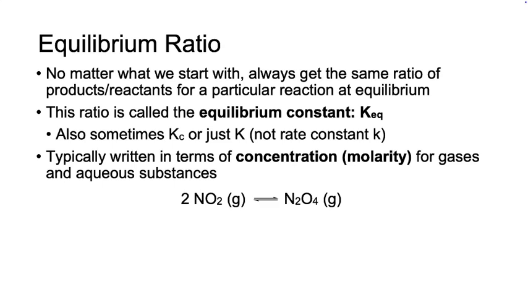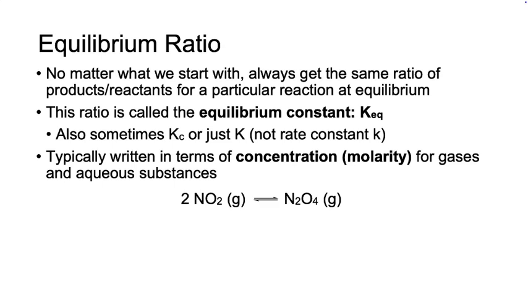Okay? You could also see it written as KA or KB. There's a bunch of extra terms that can get added to it. The A and the B you'll see later this semester. Don't stress about them right now. Typically, it's written in terms of concentration. Should it be written in terms of concentration for gases?